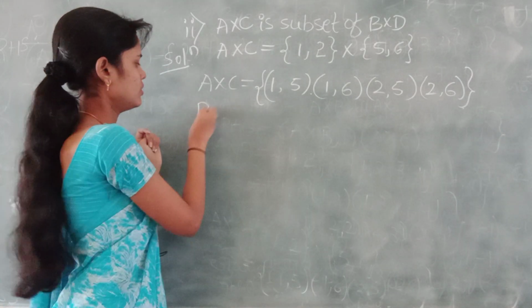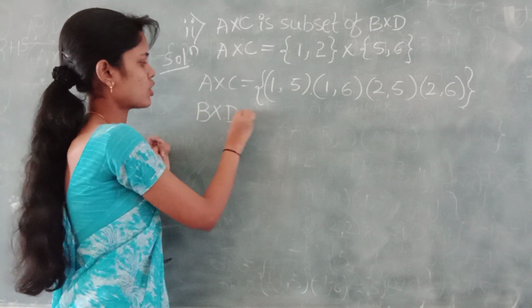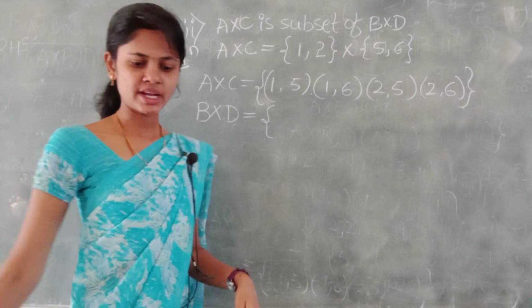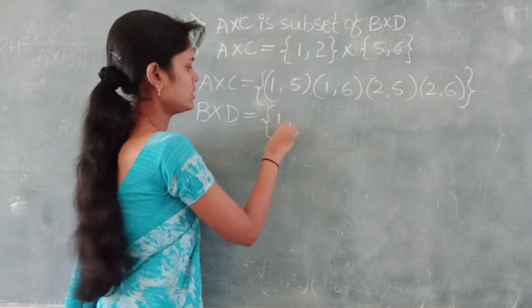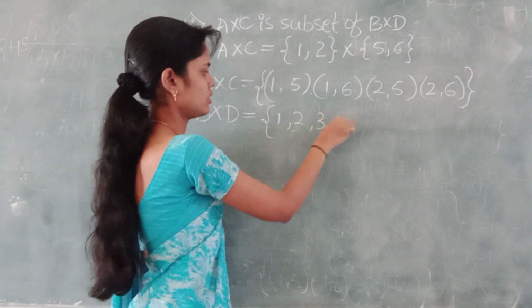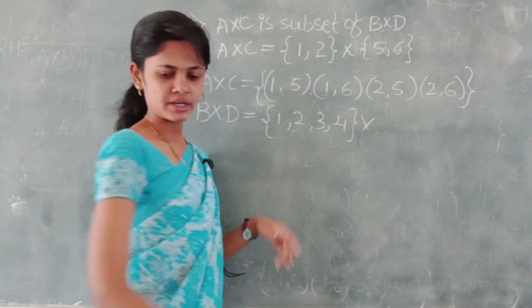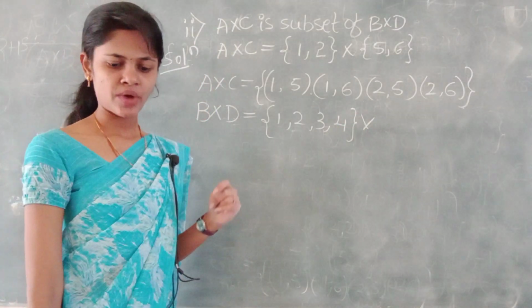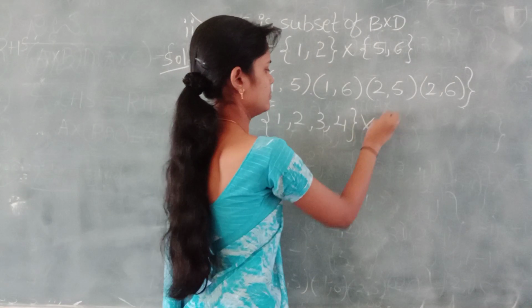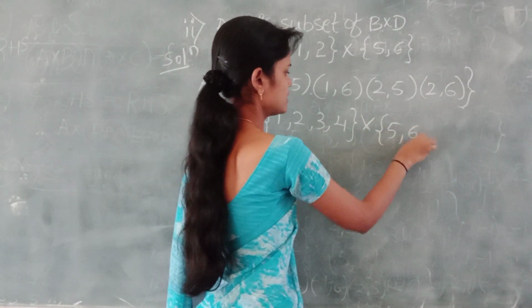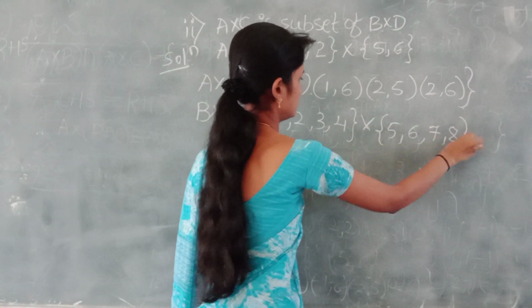Then we have to write B cross D. The set B contains 1, 2, 3, 4 and set D contains 5, 6, 7, 8.